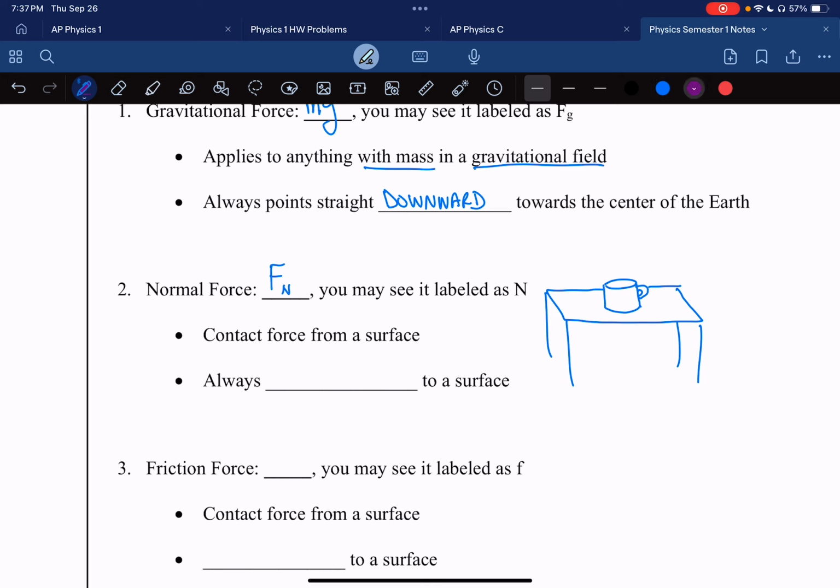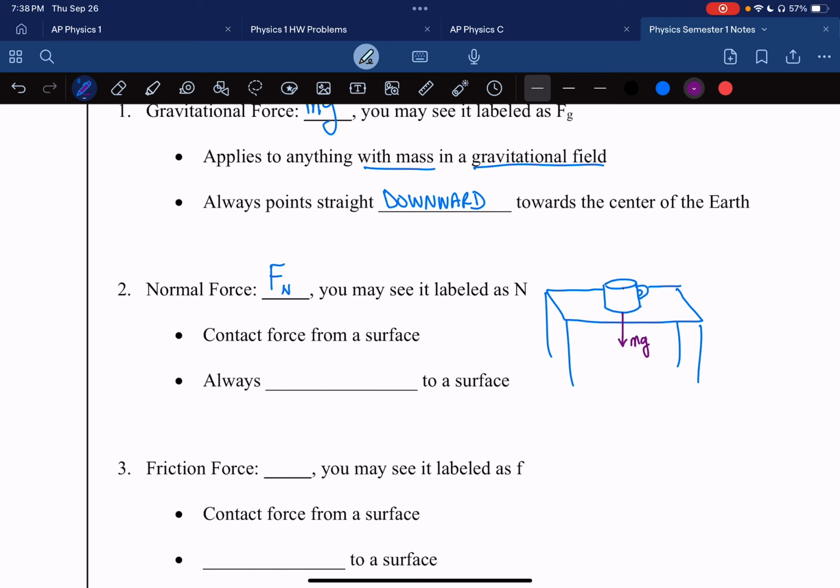Gravity is pulling the cup downward with a force mg. But if that were the only force on the cup, it would be in free fall. It's not in free fall. The table is pushing back up against it.